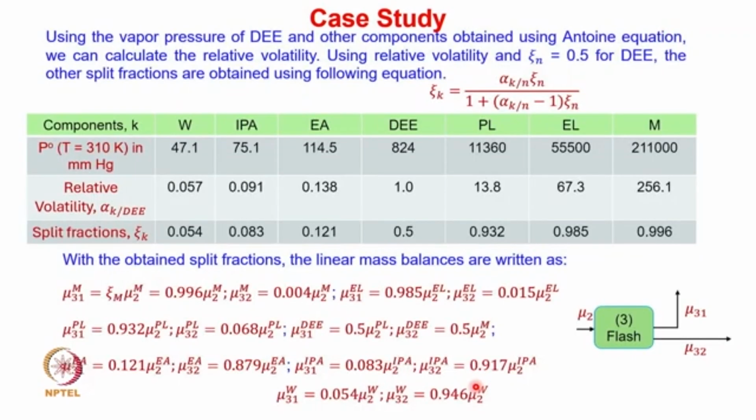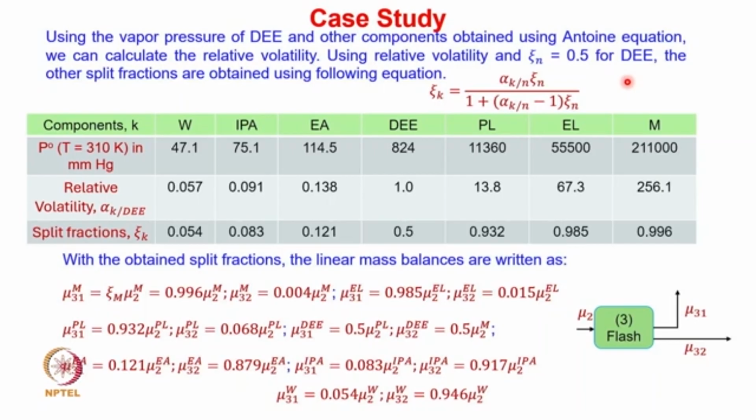So you can see that we are assuming that the split fraction of diethyl ether equals 0.5. So we are assuming that 50% will be present in the vapor phase and 50% will be present in the liquid phase, the liquid coming out from the flash unit and the vapor coming out from the flash unit.